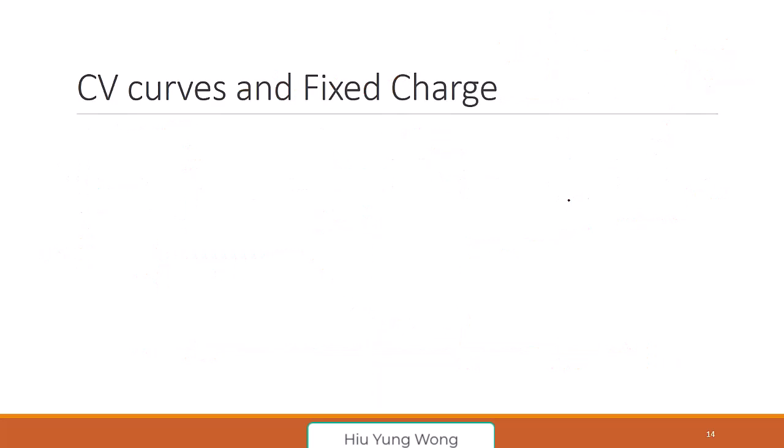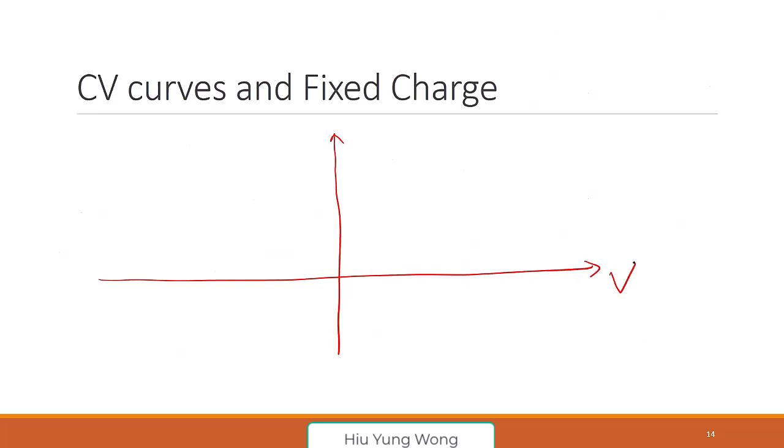Okay, now we have learned about the CV curve. Now I want to ask you, what happens if I have fixed charge? This is V, this is VG, which we know very well. I draw the CV curve, then it goes up at inversion, right?